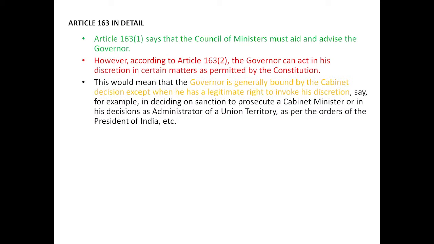So this means the governor is generally bound by the cabinet's decision, except where he has a legitimate right to invoke his discretion. This is legitimate in union territories, for example, in deciding on sanction to prosecute a cabinet minister or in his decisions as an administrator of a union territory. In a union territory, the lieutenant governor enjoys somewhat more powers in comparison with the governor of a state.